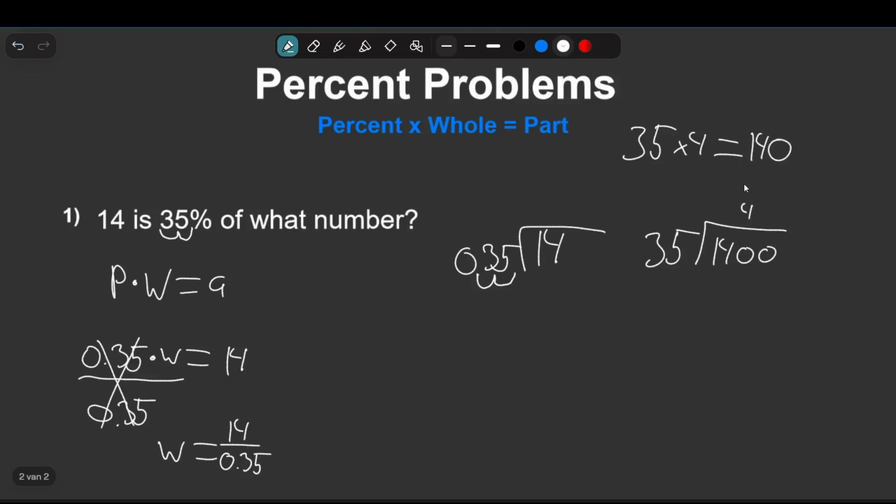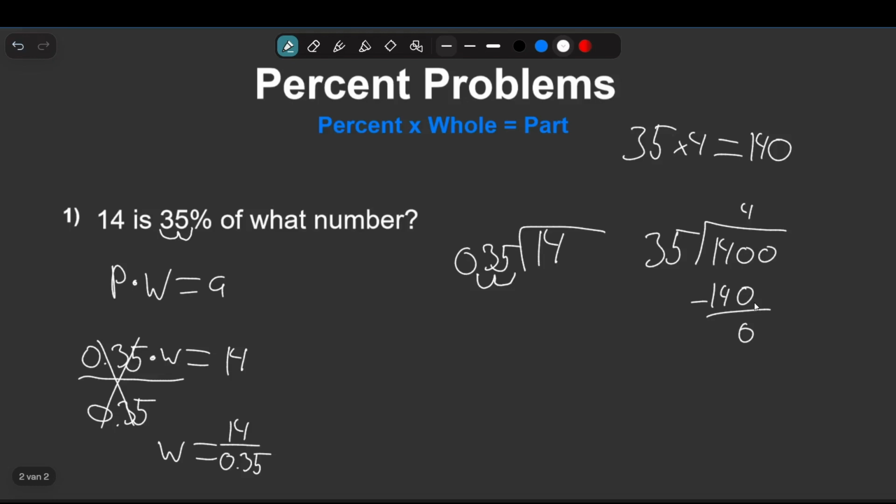So now we can subtract. We're going to do 140 minus 140, and we will get 0. Because we get 0, you might think that 4 is our final answer, but that doesn't make any sense. So I'm going to show you what our final answer is.